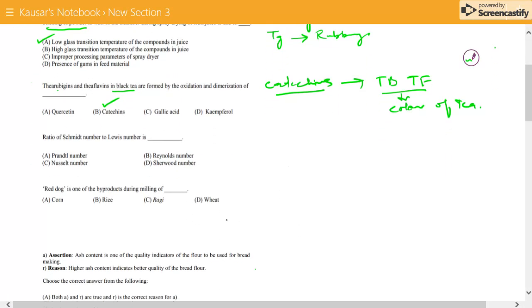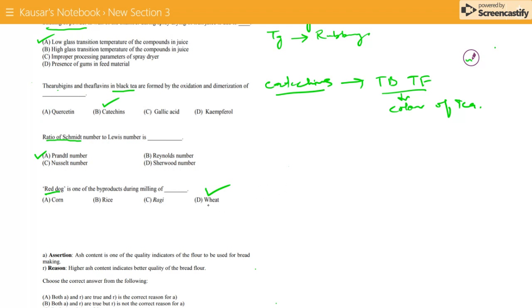Next question is: the ratio of Schmidt number to Lewis number is. The correct answer is Prandtl number. Next question is: red dog is one of the byproducts during milling of. The correct answer is wheat.